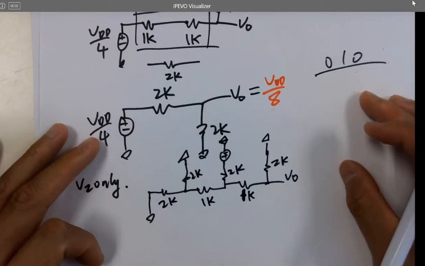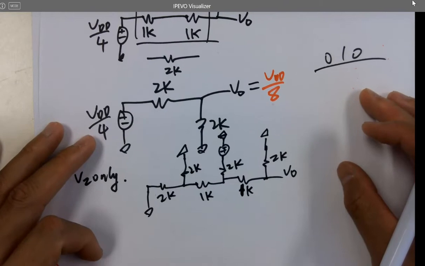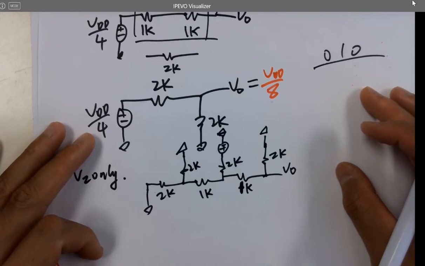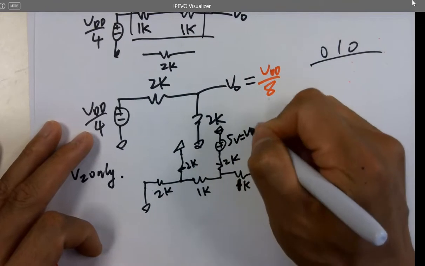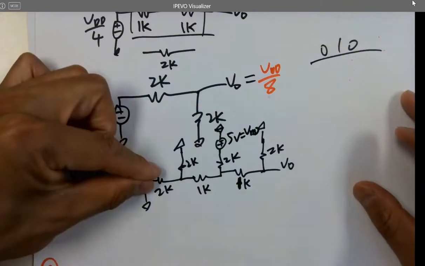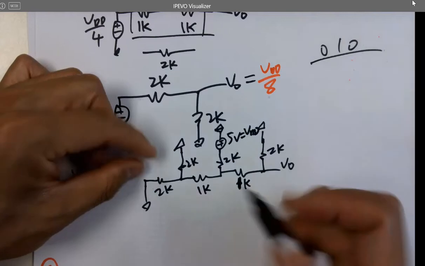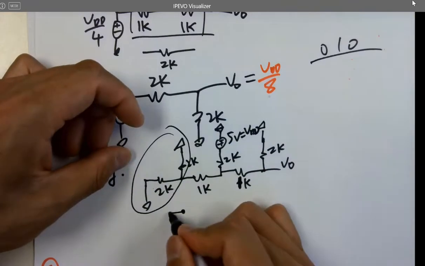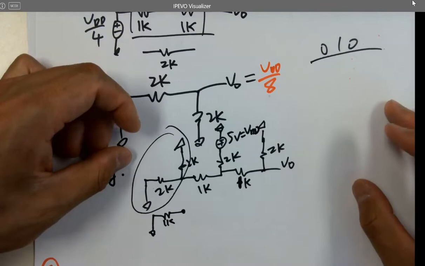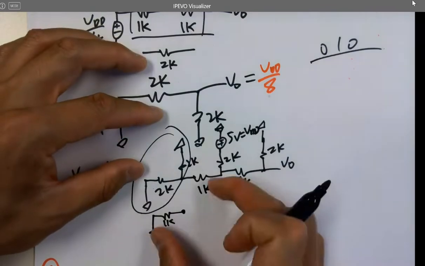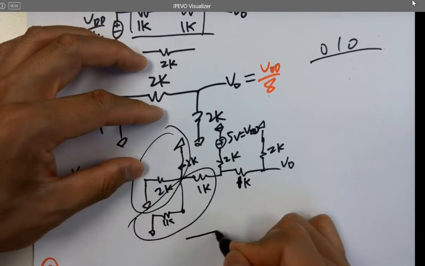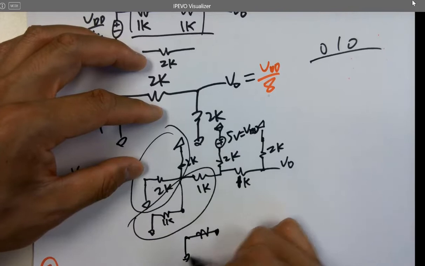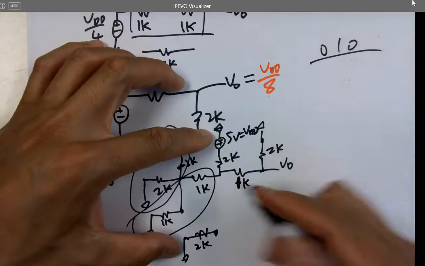All right. How to simplify this circuit? Where to get started? Only the middle one is on. It's 5 volts or VDD. What is that? Just a 1K ohm resistor. And then these two are in series, so these two become a 2K resistor. So the 2K resistor is shorted to here.